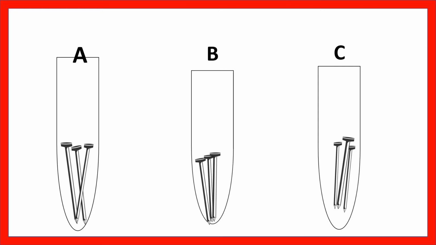After that, in the first test tube, that is A, we have to pour water so that the nails are half immersed in the water and half outside the water surface. After that, we close test tube A with a cork.